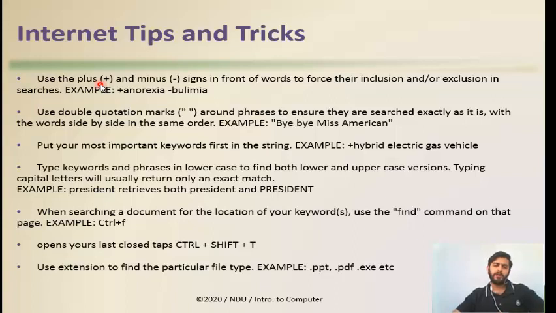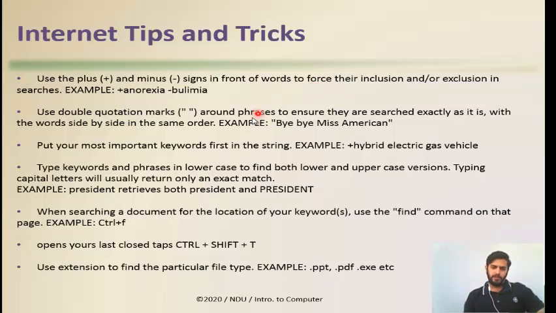If you write a positive symbol before the word, the browser software gives more importance to that word and finds more results resembling that particular word. Similarly, if you write a minus sign in front of any word, the browser software gives less importance to that particular word.